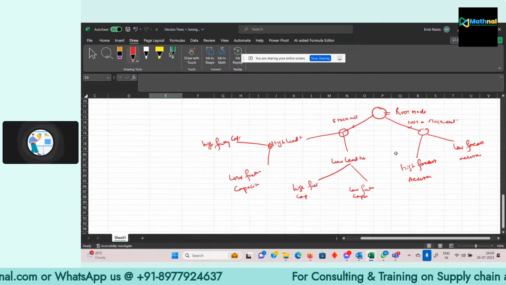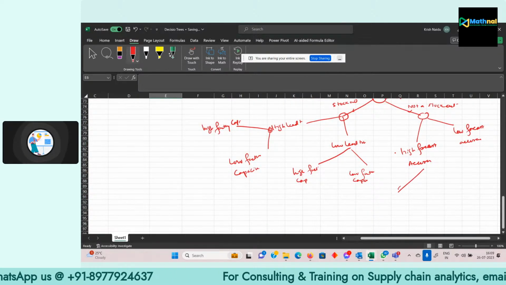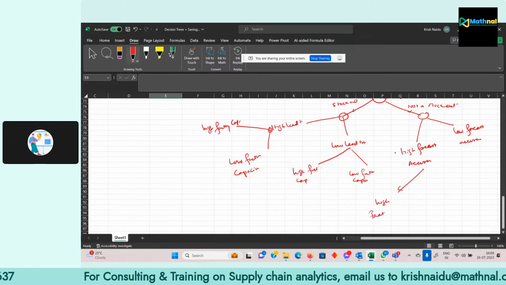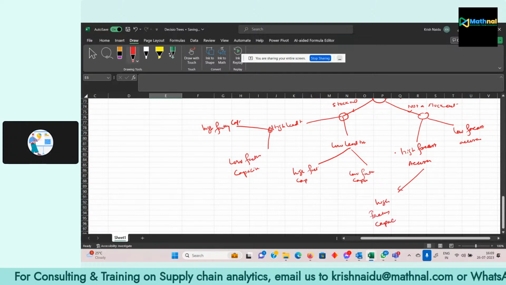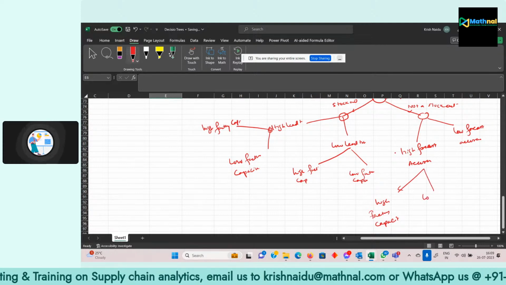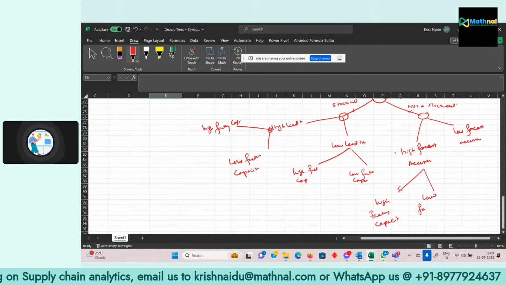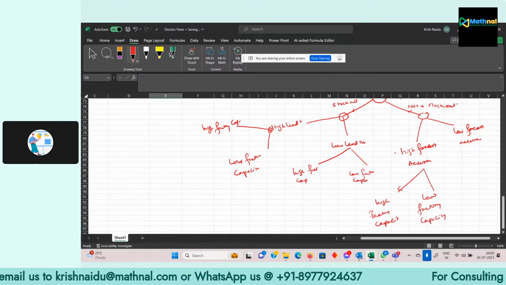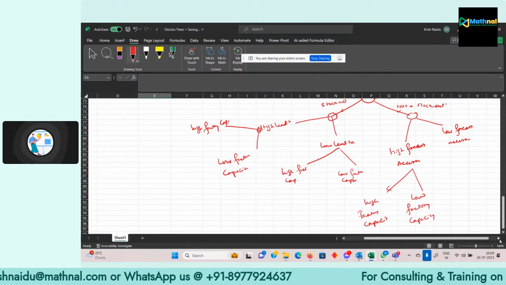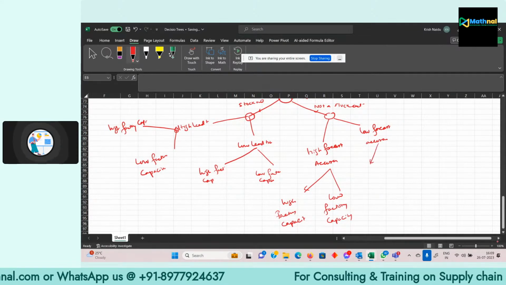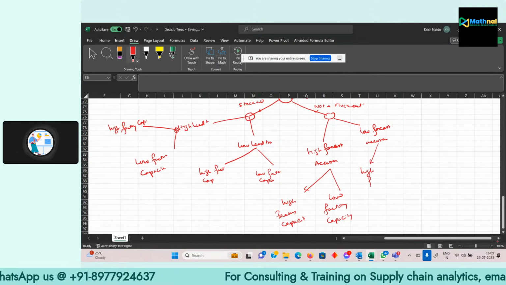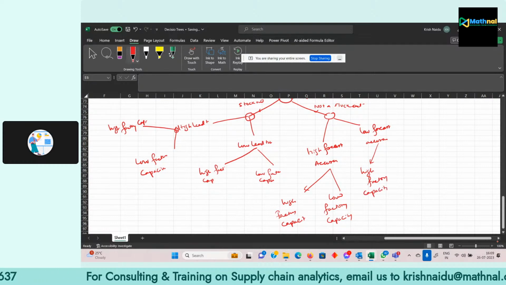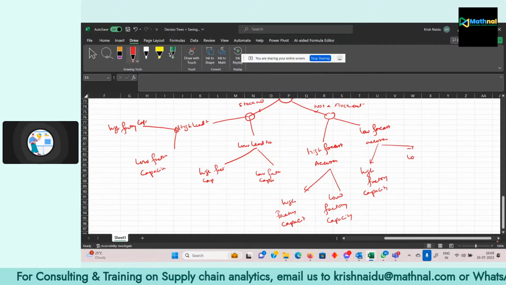If it is a high forecast accuracy, is it because of high factory capacity or low factory capacity? If it is a low forecast accuracy, is it because of high factory capacity or low factory capacity?